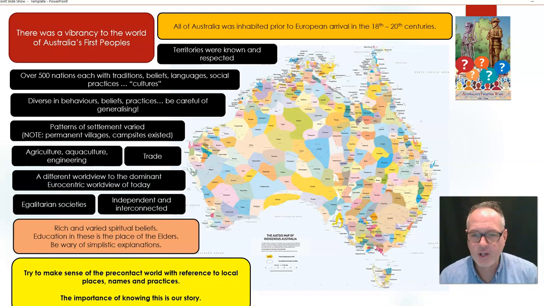One last point I'd like to raise with you here is the importance of trying to connect to this pre-contact world through your local environment. The Indigenous world of pre-contact Australia, of our First Peoples and First Nations, is still present.